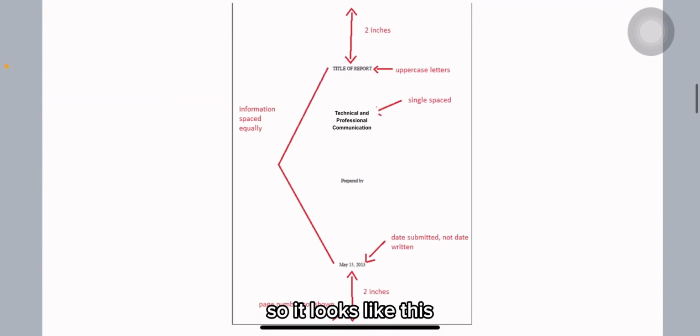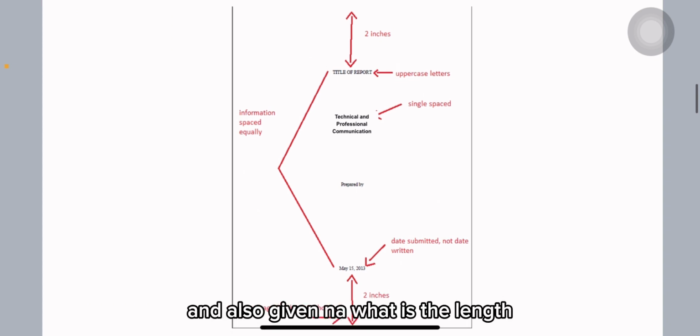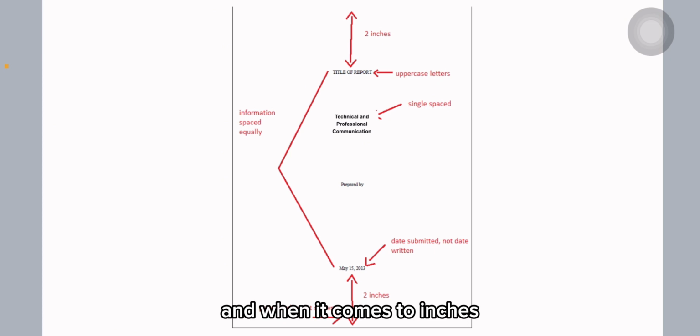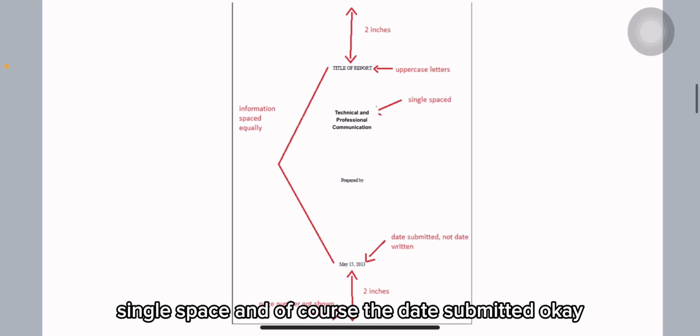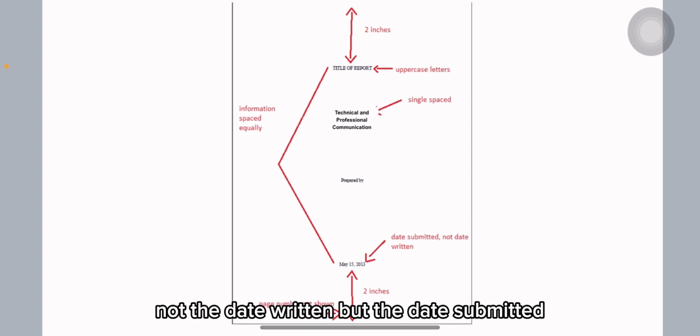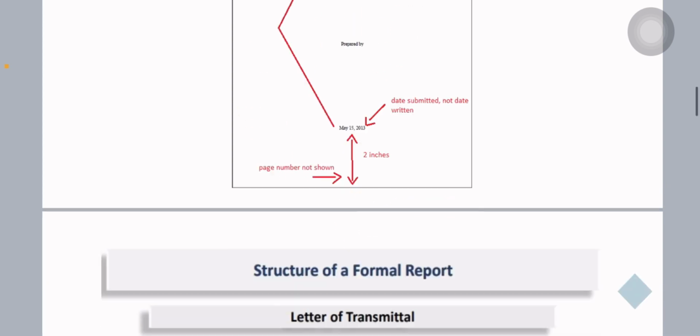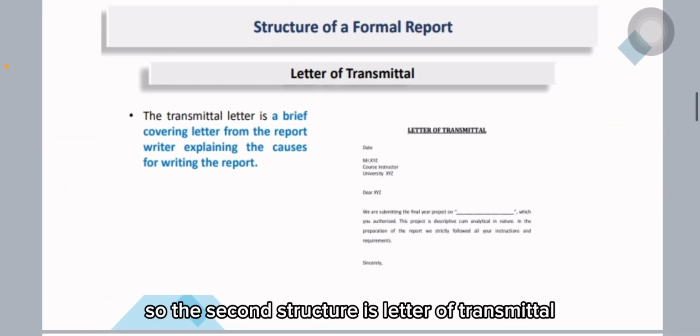So it looks like this. Given the length in inches, uppercase by letter, single space, and of course the date submitted. Okay, not the date written, but the date submitted.